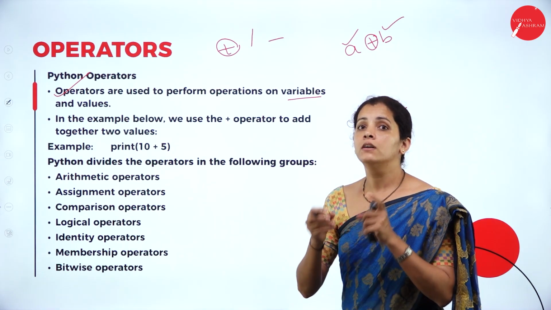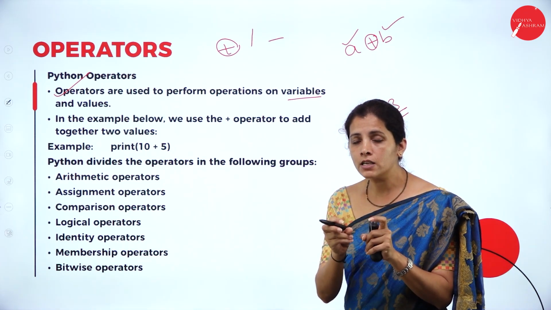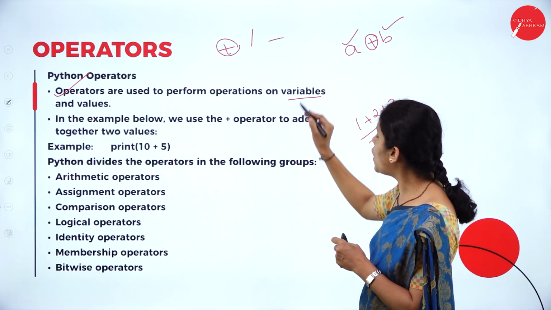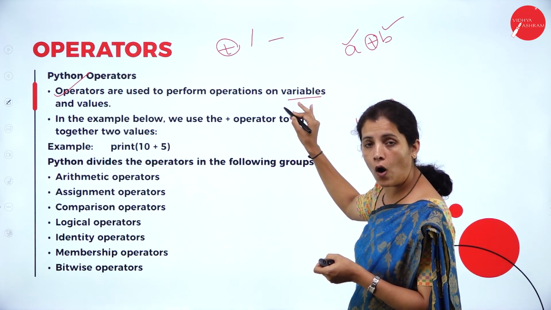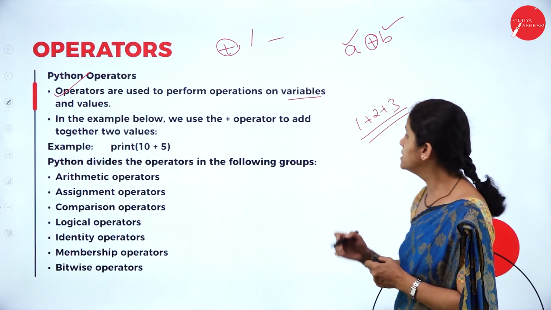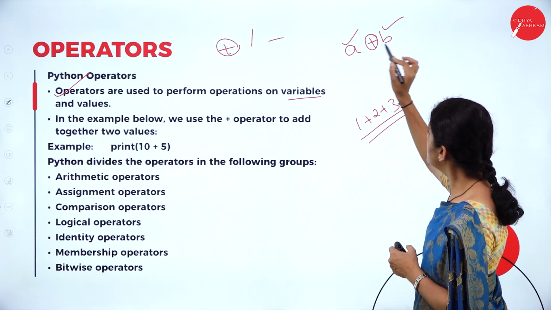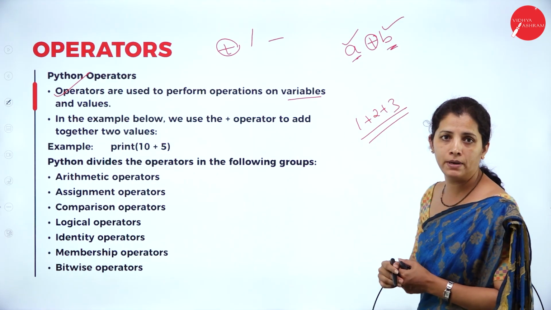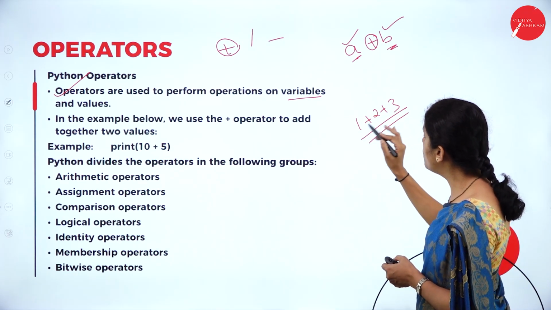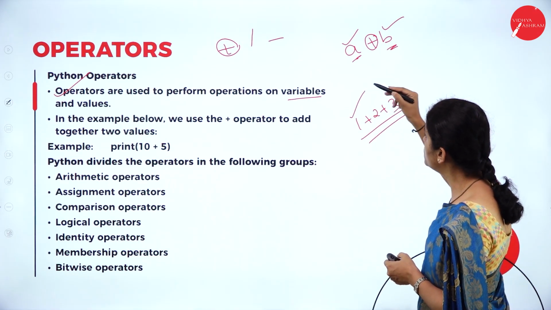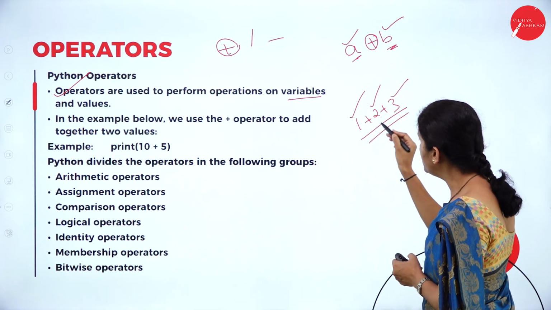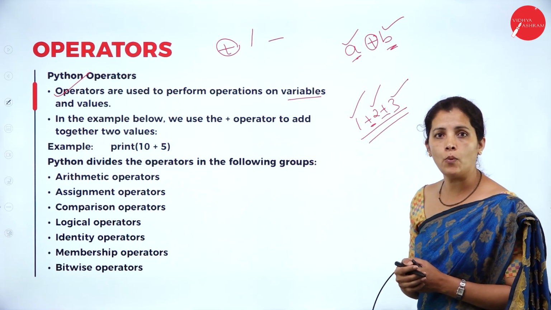See here, if I write A plus B, this one is a variable and this one is a variable. And in 1 plus 2 plus 3, 1 is a value, 2 is a value and 3 is a value. In between, I place the operator.